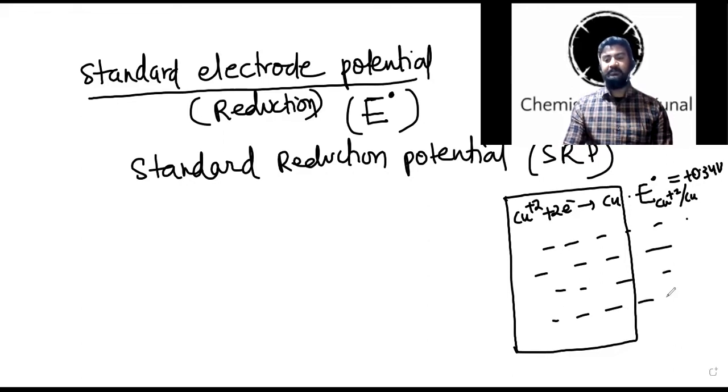This kind of sheet, which contains all the standard reduction potential values, will be given to you. If it is not a standard reduction potential, you need to convert it into standard reduction potential. That's what we will follow in our syllabus for JEE, NEET, CBSE. We'll always do questions on the basis of standard reduction potential, right? I hope you got my point.